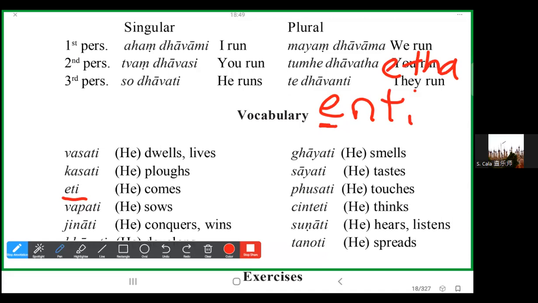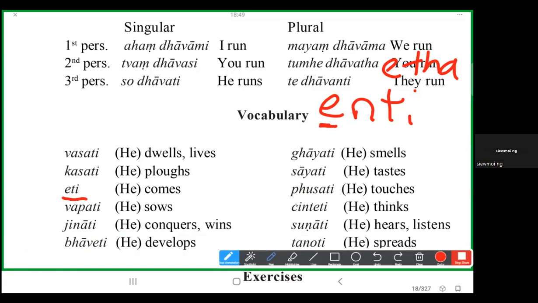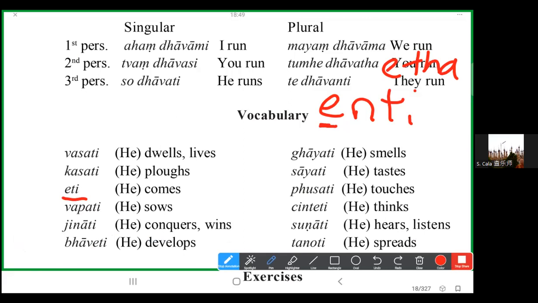Okay, please try again. So eti. Te enti.